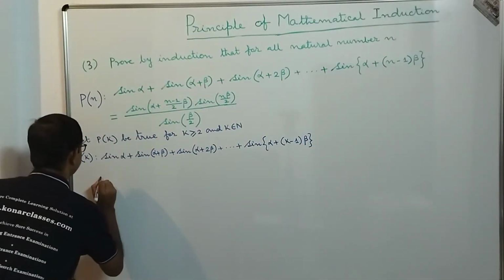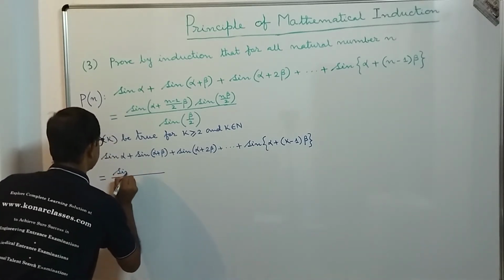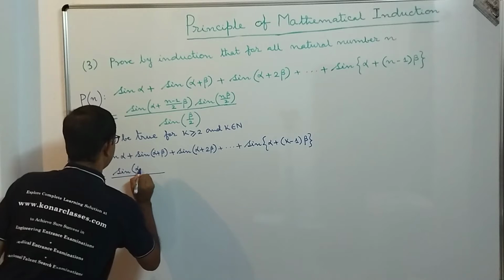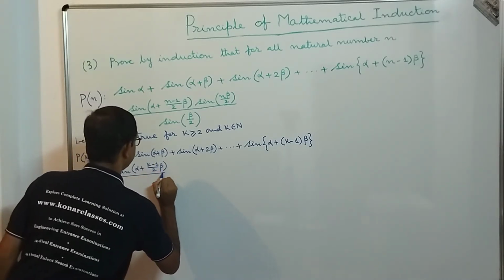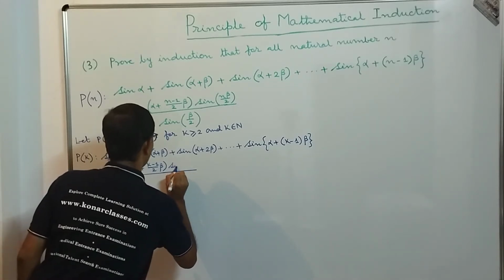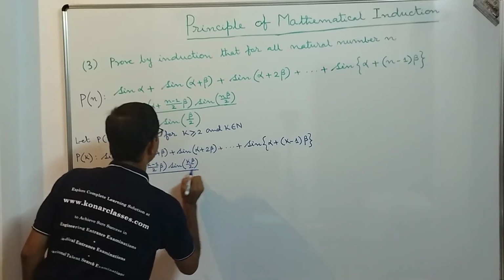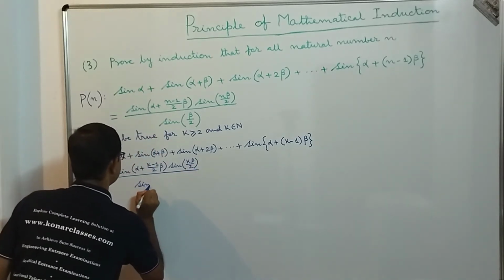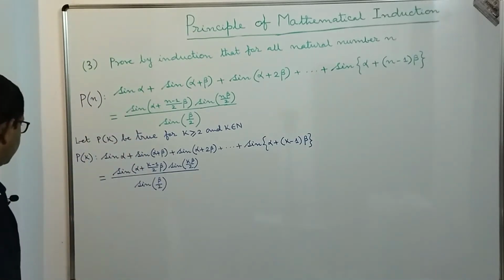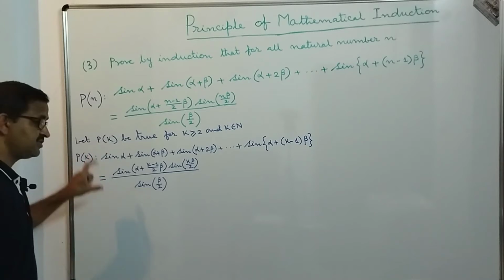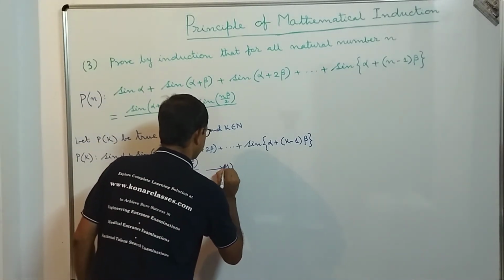That is equal to sine of alpha plus k minus 1 by 2 into beta, into sine of k into beta divided by 2, divided by sine beta by 2. Correct? So this holds true. We can call this identity 1.